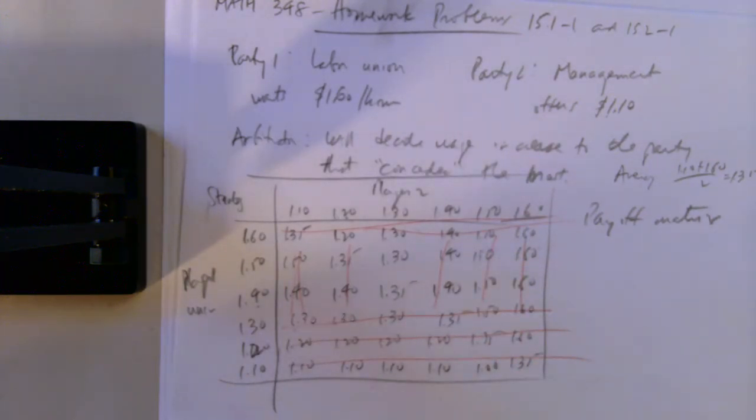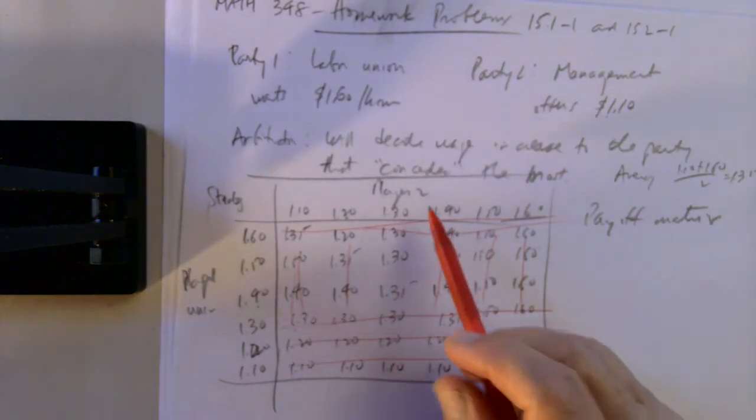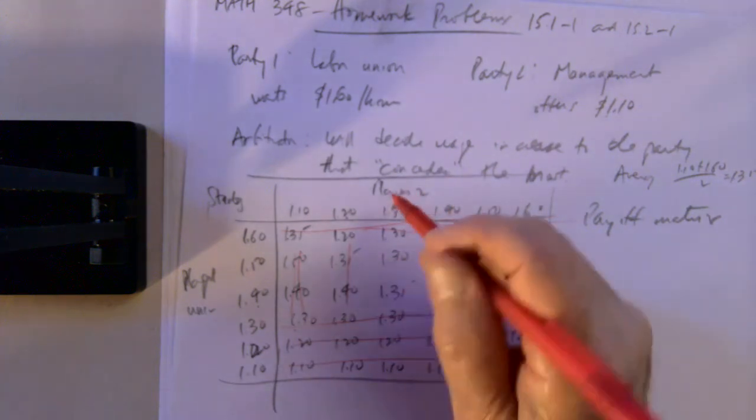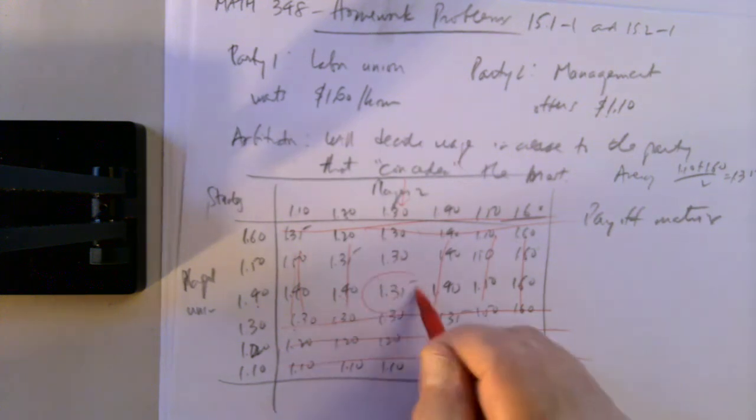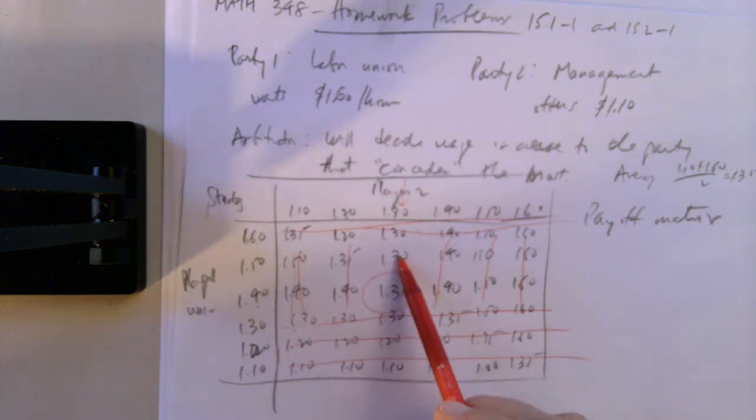So management will only pick strategy 2. And now the union can either get $1.30 or $1.35. Well, it'll pick $1.35 because this strategy dominates this for the union.